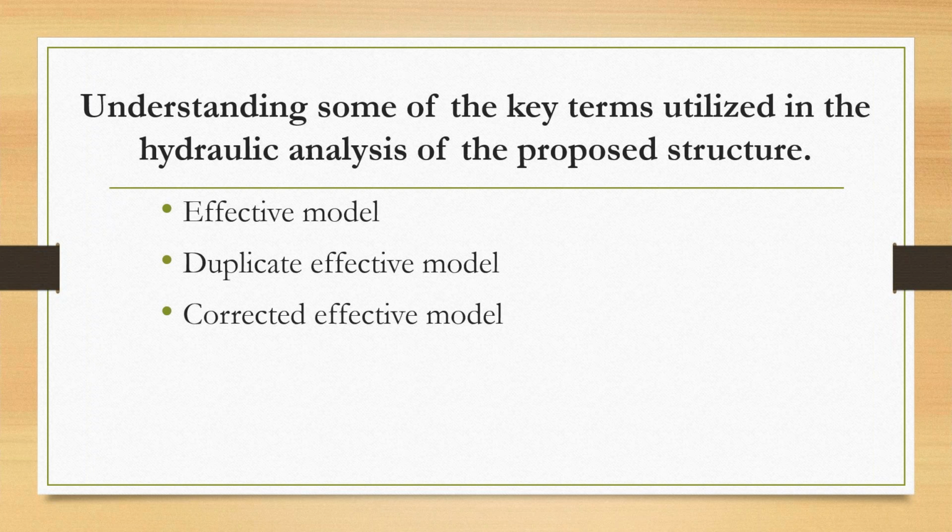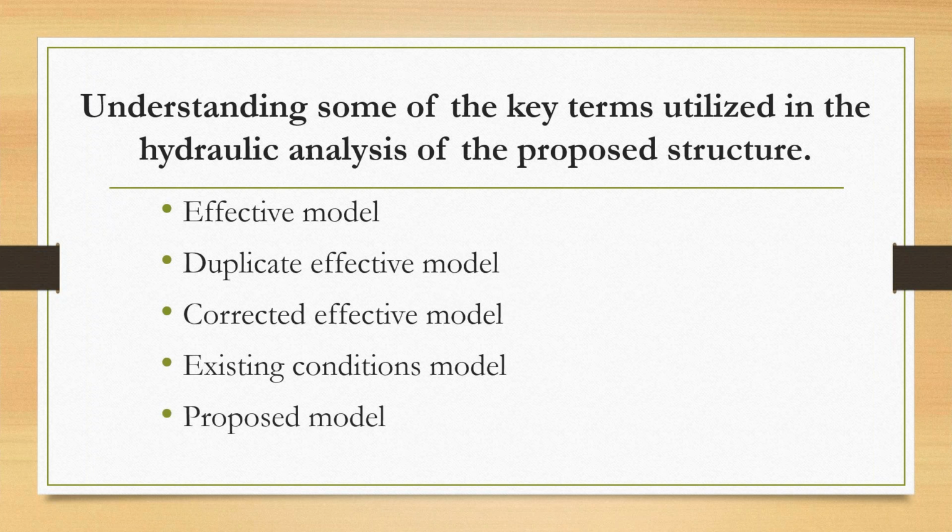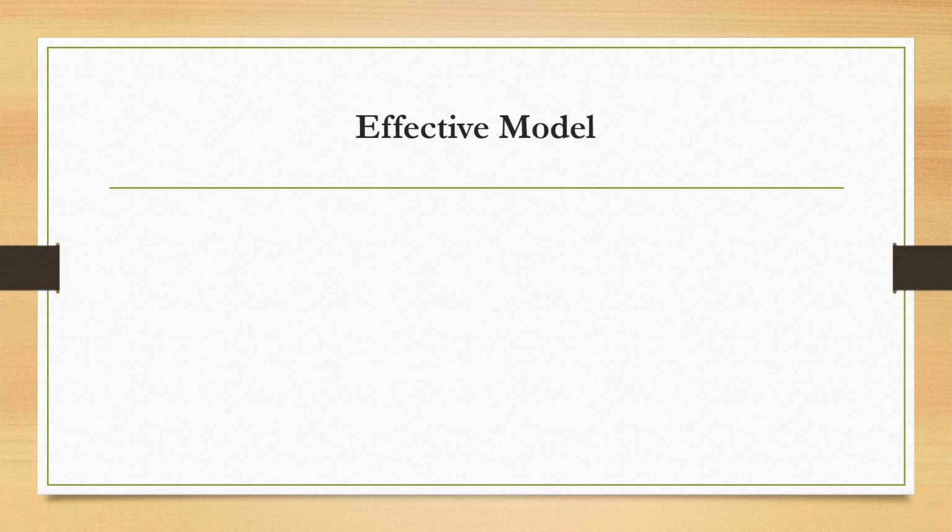Some of the terms are an effective model, a duplicate effective model, a corrected effective model, existing conditions model, and a proposed model. Again, you don't have to really understand all of these models. The one that I might have you try to remember is the effective model.